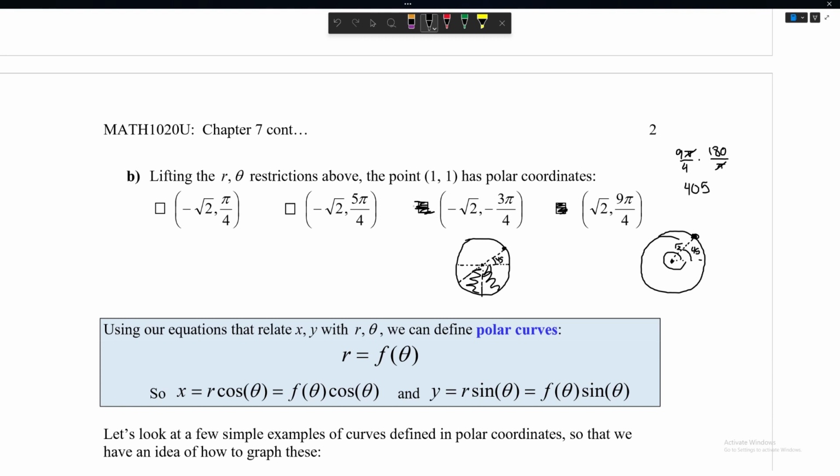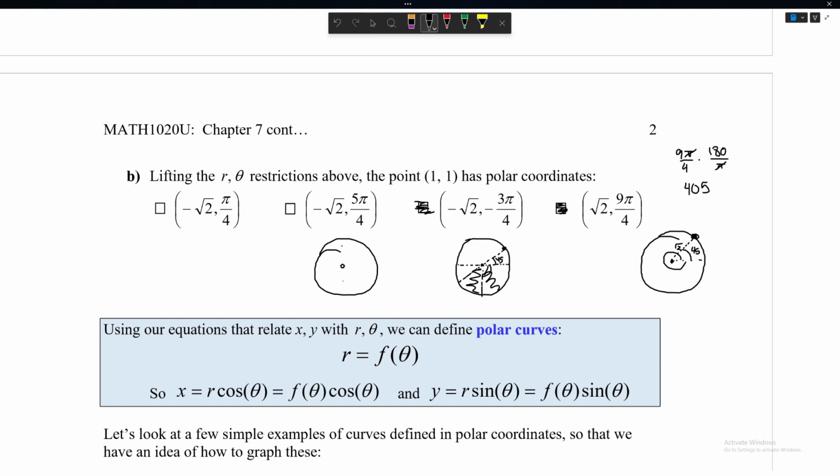Right? Now here, we have 5 over 4 times 180. That is 225. So if I draw my circle, mind my horrible drawing. Okay, so where is 225? So 90, 180, and 180 plus 90 is 270.